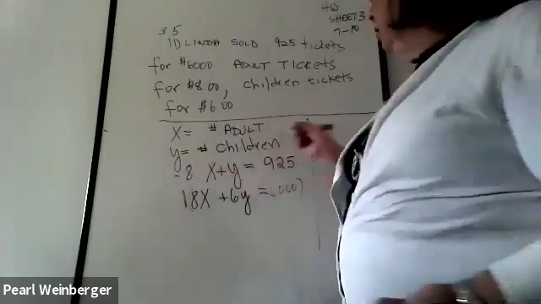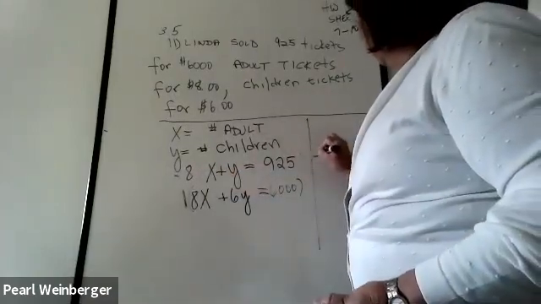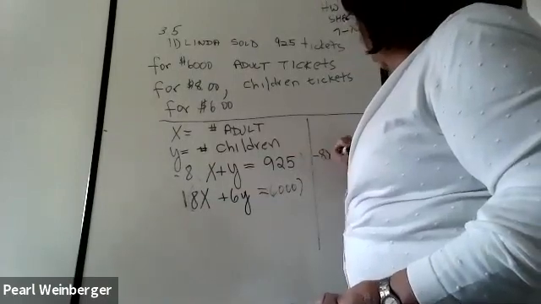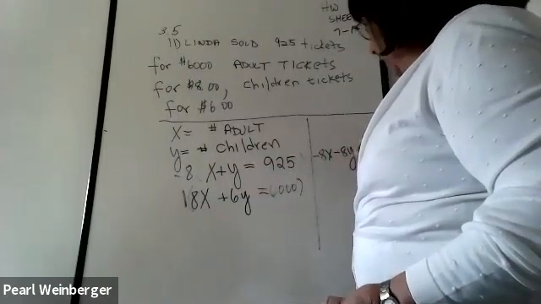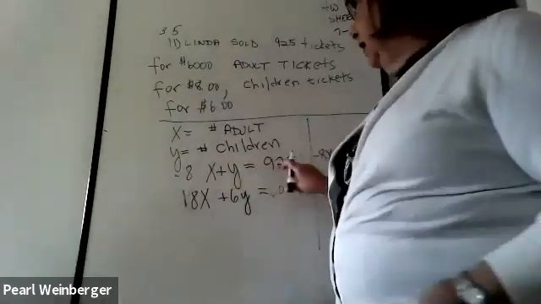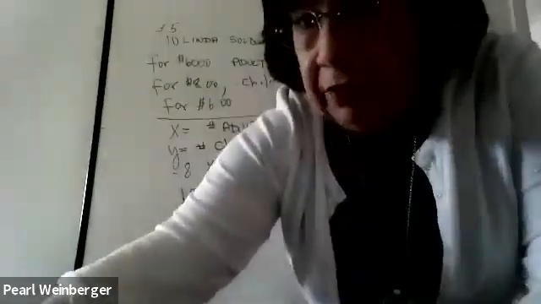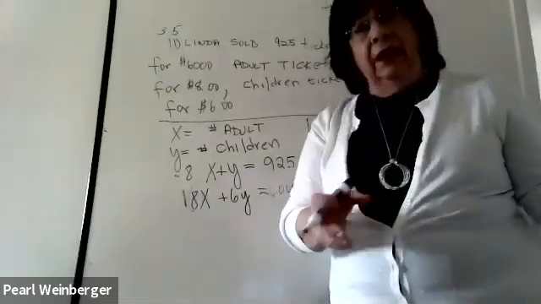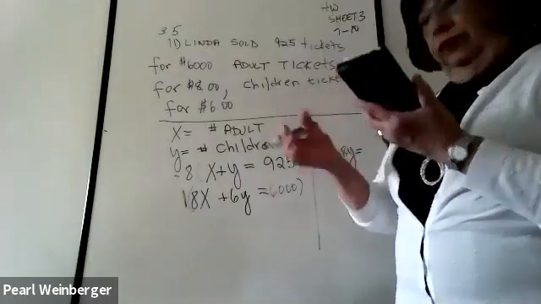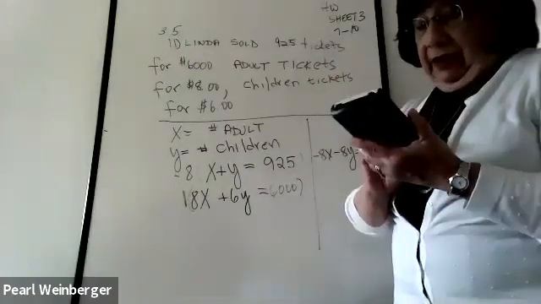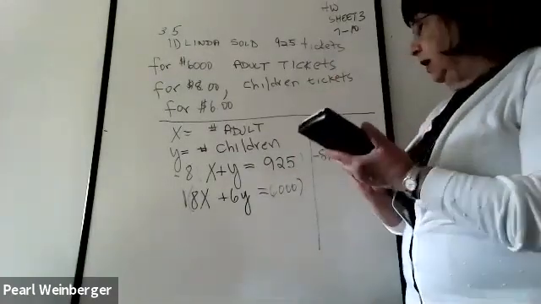So this equation is going to become negative 8x minus 8y. I'm distributing that 8. And I have to multiply 925 by negative 8. Well, guess what I'm doing? I'm taking out my calculator. I don't want to have to do that in my head or with long multiplication. I want to do it as quickly as I possibly can.